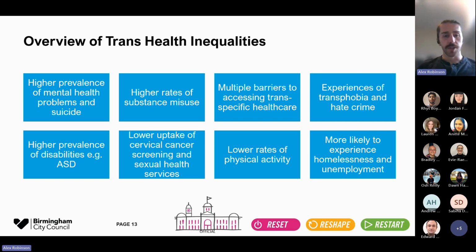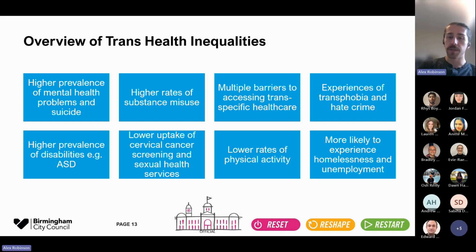One of the issues that contributes to this poor mental health is that there's very limited access to trans-specific healthcare and gender-affirming care, which for people experiencing gender dysphoria is detrimental to your health.